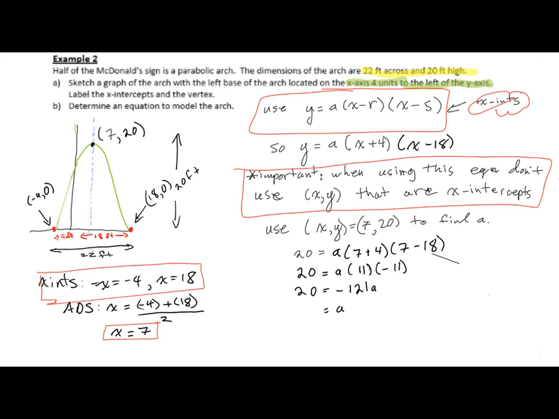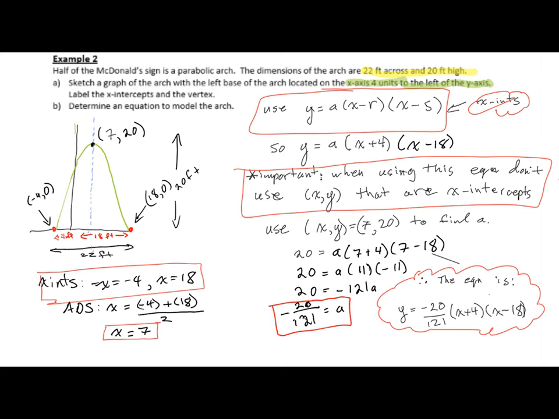Solving for a, we get 20 over 121, and that's negative. So then we say for our final equation, the solution for the equation is y is equal to -20 over 121 bracket x plus 4 bracket x minus 18.